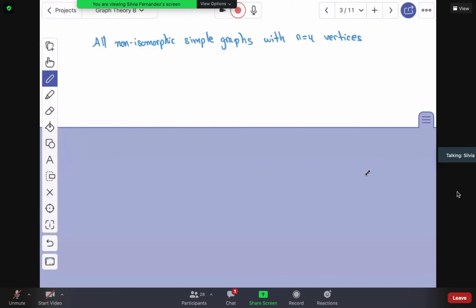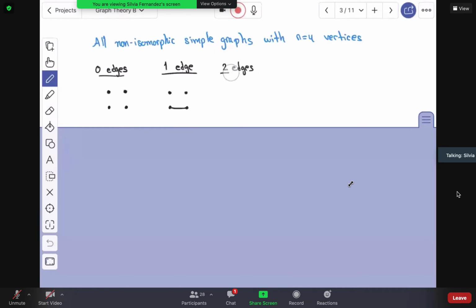We're going to start with 0 edges. I have this one. Then the ones with 1 edge, I only have 1 of them, and it doesn't really matter where I draw the edge; any way I draw it, they will be isomorphic.